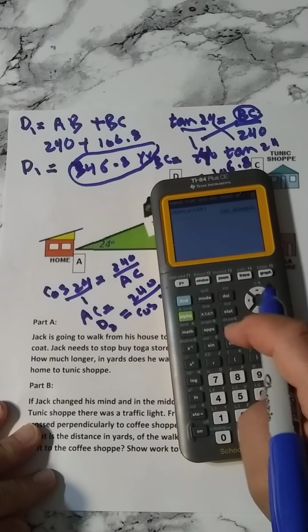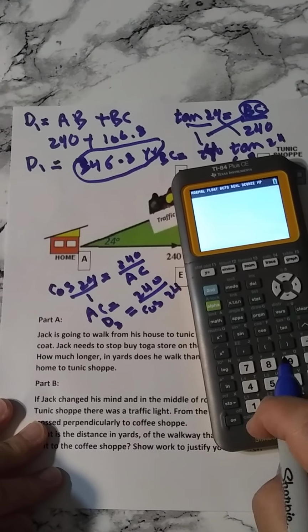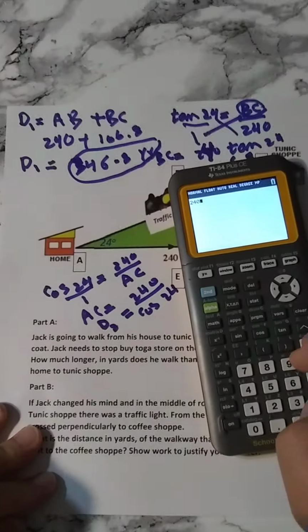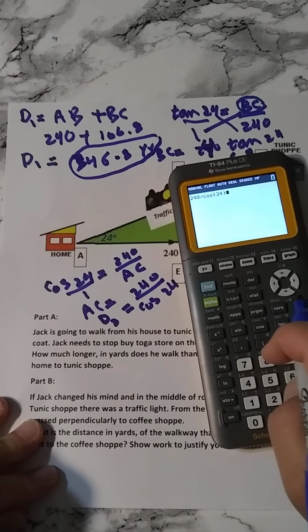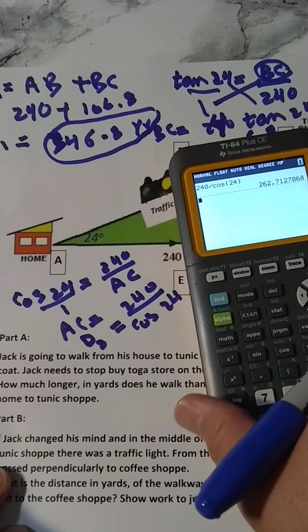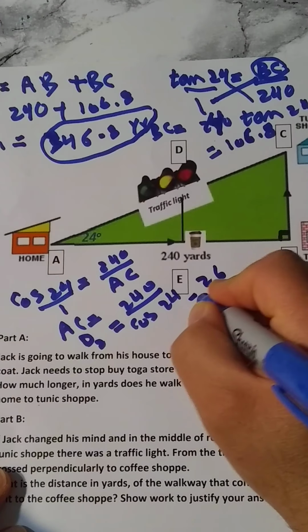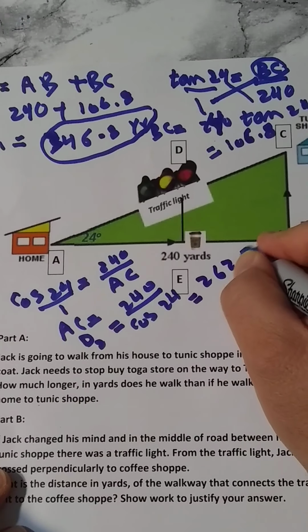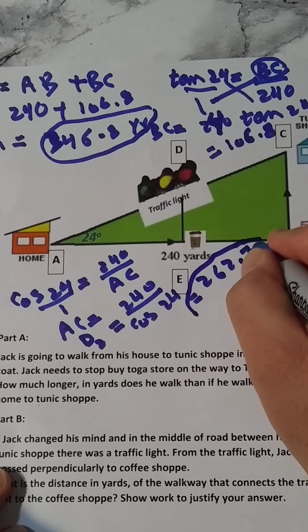Using the calculator, 240 divided by cosine 24, enter, and it's 262.7. That's distance 2.